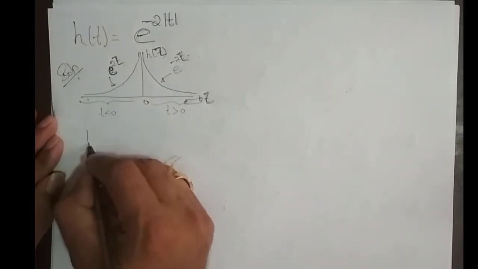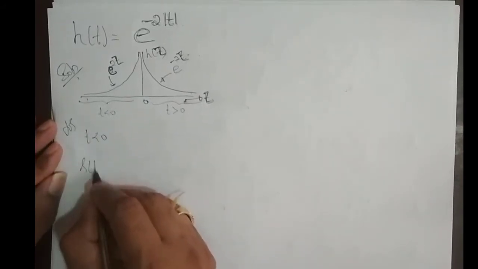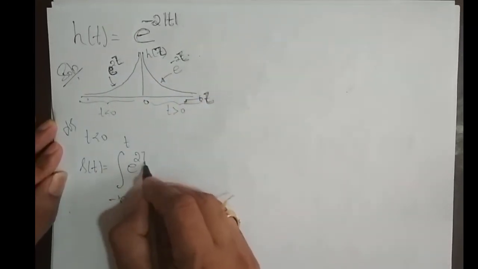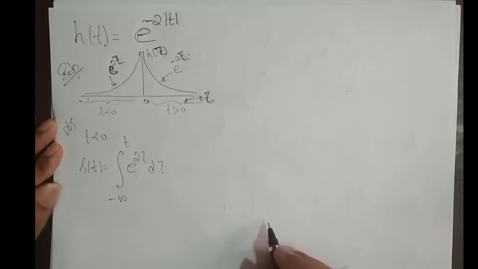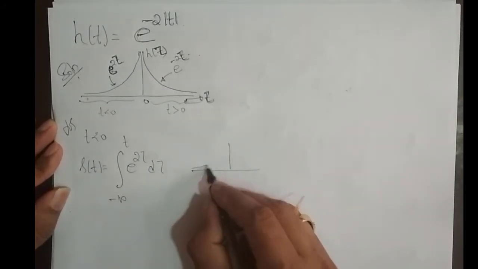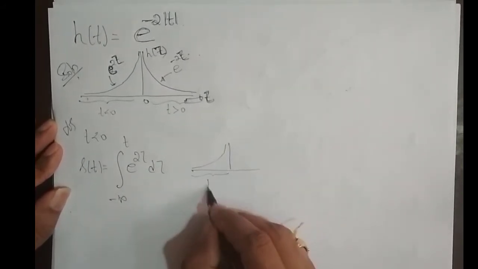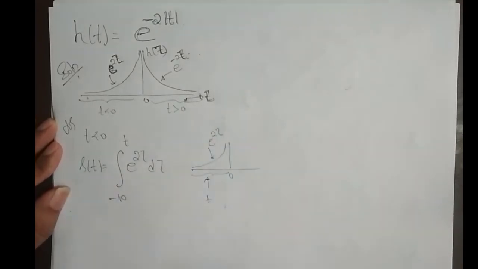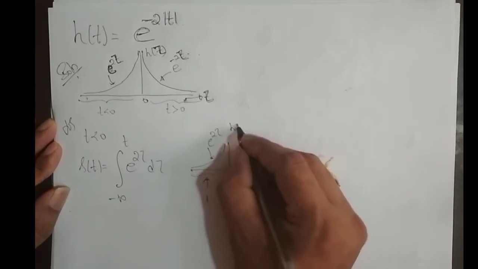So for t less than 0, s of t is equal to, integrating from minus infinity to t, e power 2 tau d tau. Why? Because I need to consider only this part of 0, which is e power 2 tau. Fine. This is tau, this is h of tau.